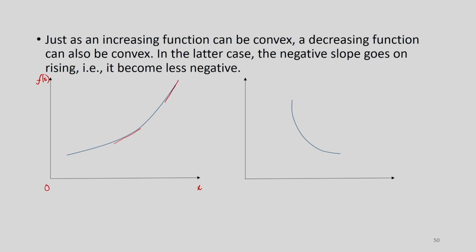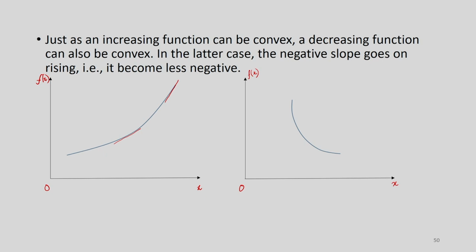But this increasingness has nothing to do with convexity. A decreasing function can also be convex. So, here is an example of a decreasing function which is convex. In the latter case, the negative slope goes on rising, that is, it becomes less negative.